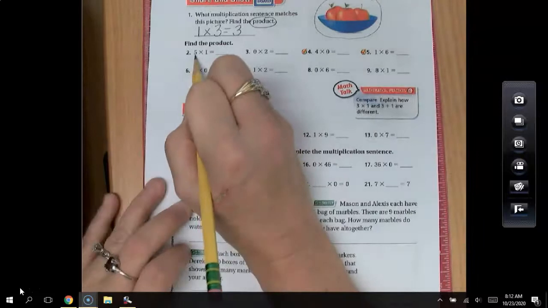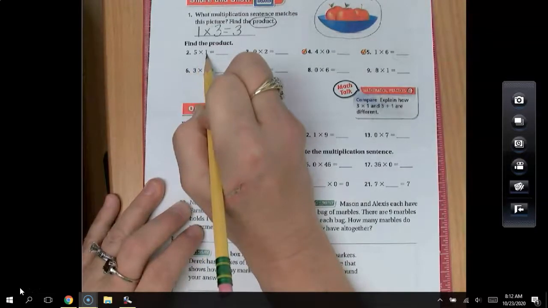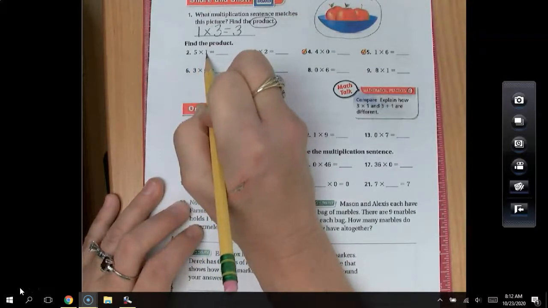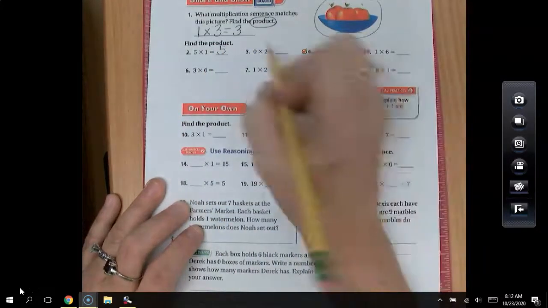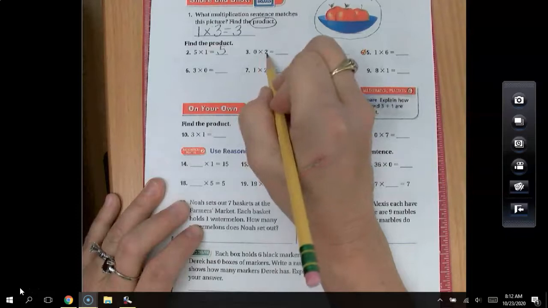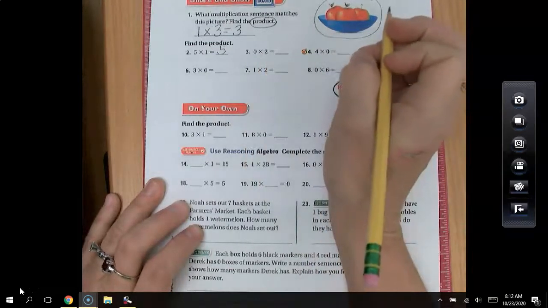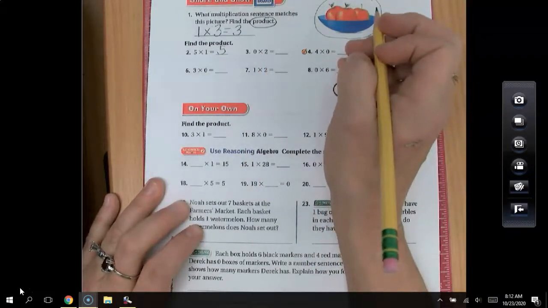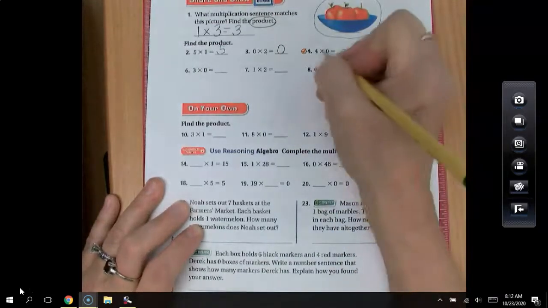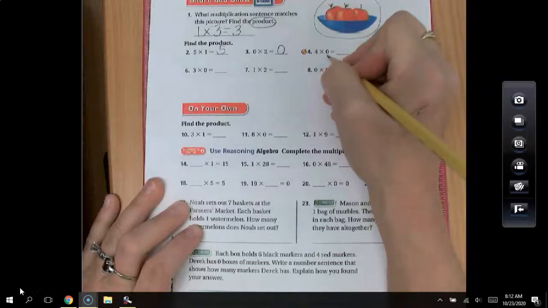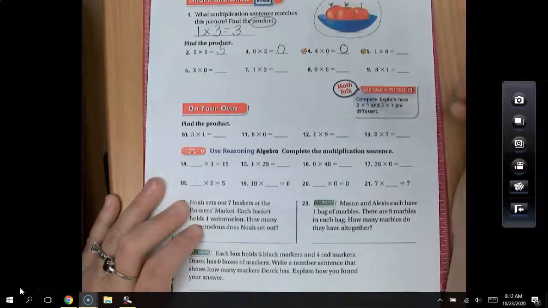Let's look at number 2. 5 times 1. 1 always loses, so my answer is 5. Good job. 0 times 2. Remember the 0 property? 0 always, you got it, wins. 4 times 0 is 0.